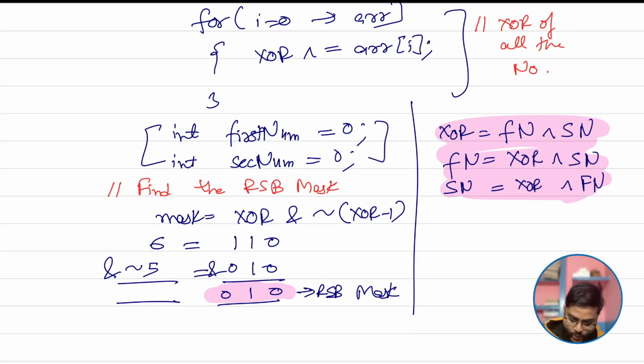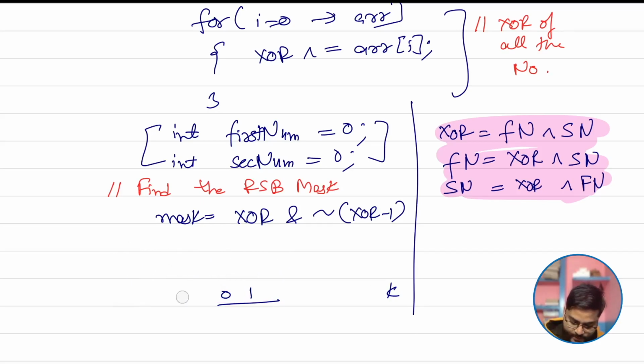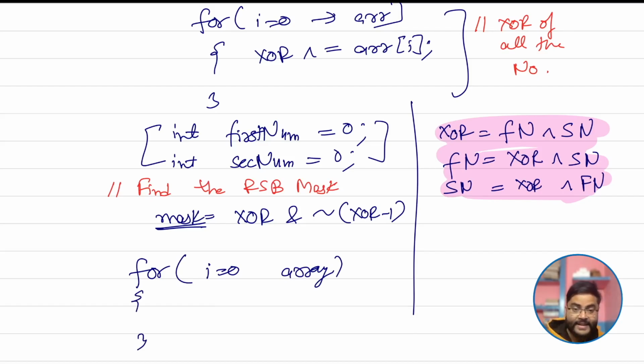Let me erase it and write the whole code. So now I have calculated the mask. I will again go through the array, and I will check if my mask AND my number, array of i, for any of the buckets.